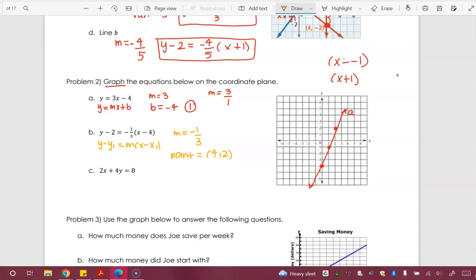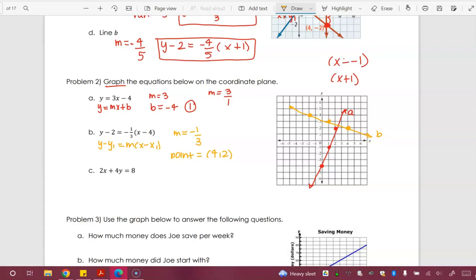So I go to that point, I can plot 4, 2, and I'm going to use my slope. It's in the negative direction, so I'm going to rise 1 and run 3 to the left. And there's line B.